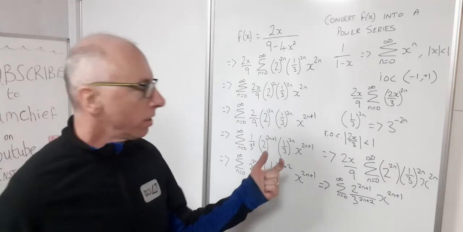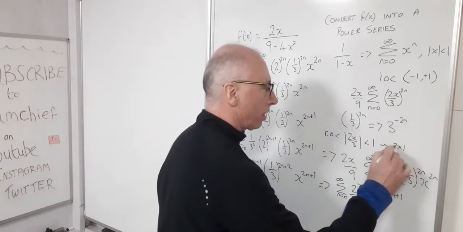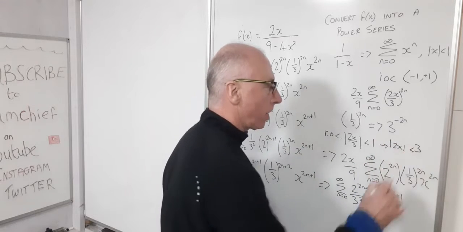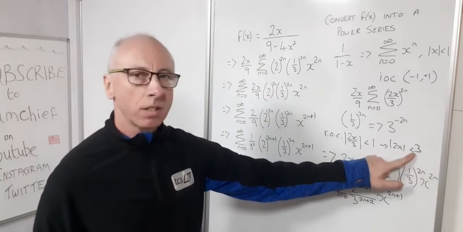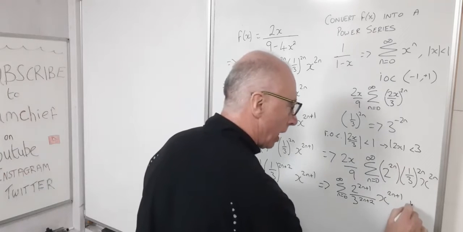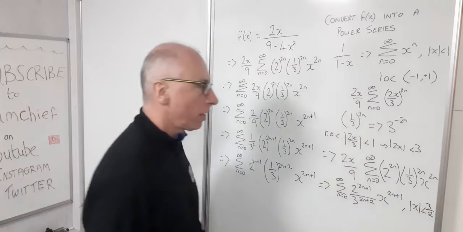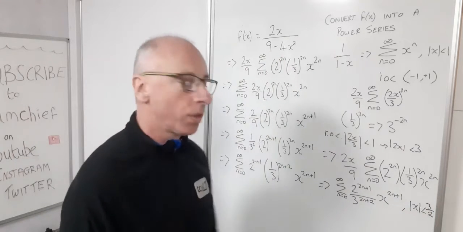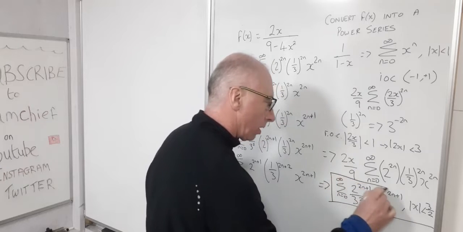Now just solve this and get x on its own. We've now got 2x absolute value is less than 3. So therefore our absolute value of x is going to be less than 3 over 2. That's my radius of convergence for this power series.